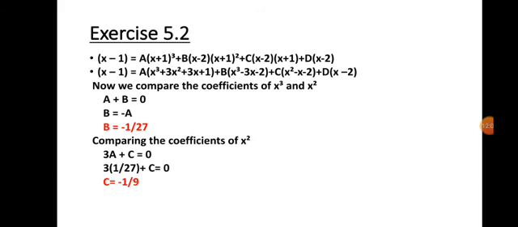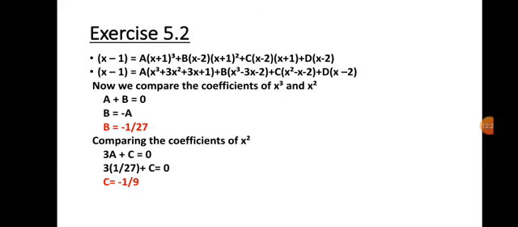Now we are going to compare the coefficients of x square. 3a comes from the first term, that is 3x square, multiplied with the unknown a.